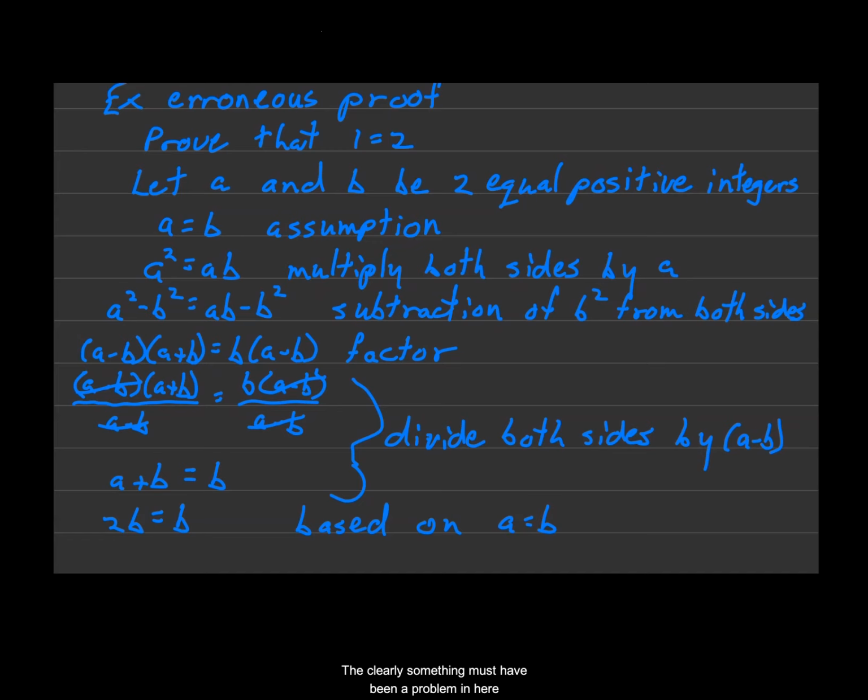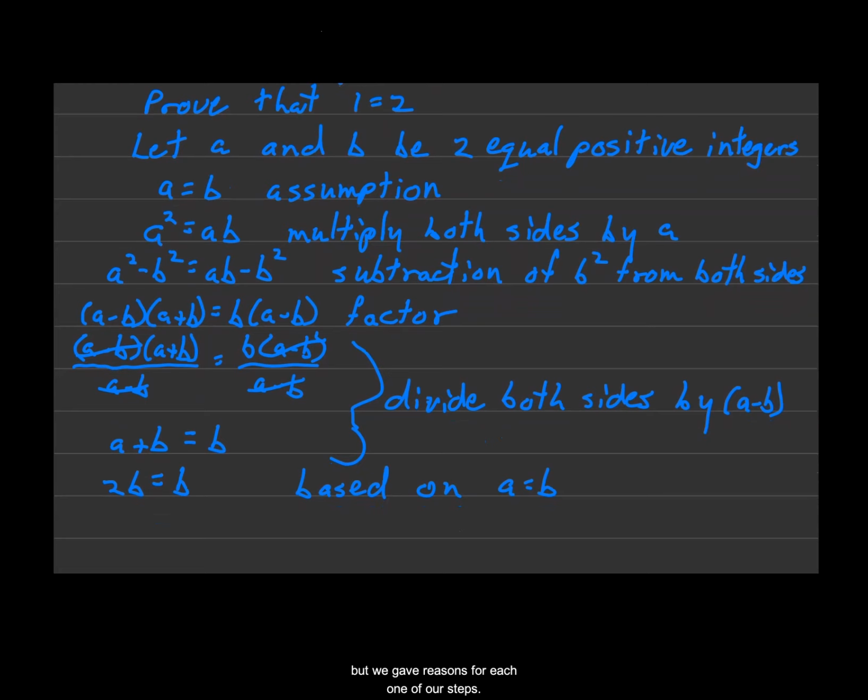So clearly something must have been a problem in here, but we gave reasons for each one of our steps, and you might think, all right, well, I've proved this. However, in all of the excitement here, we didn't realize that when we divided both sides by A minus B, as it turns out, A minus B equals 0.